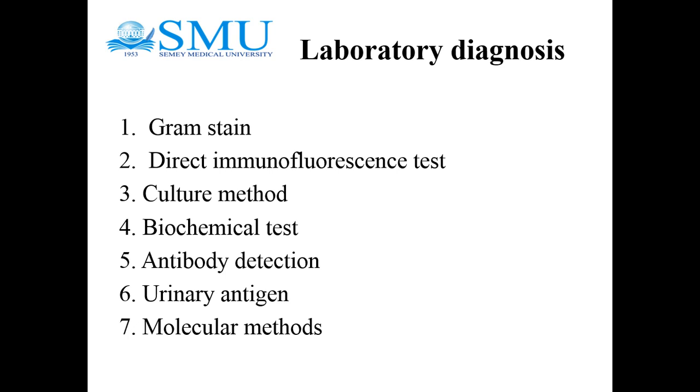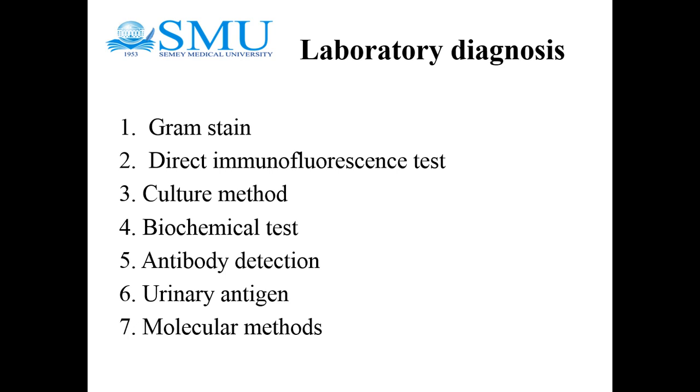For molecular methods, we use PCR, polymerase chain reaction, which has been proven useful in the identification of Legionella from environmental water. Urinary antigen enzyme immunoassays are available to detect Legionella pneumophila serogroup 1 specific soluble antigens in urine.